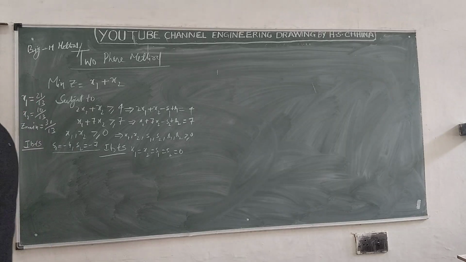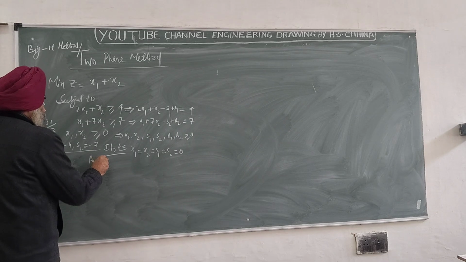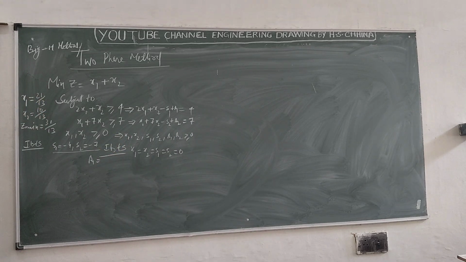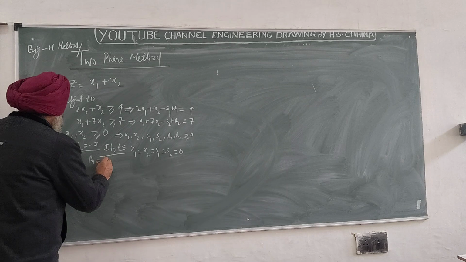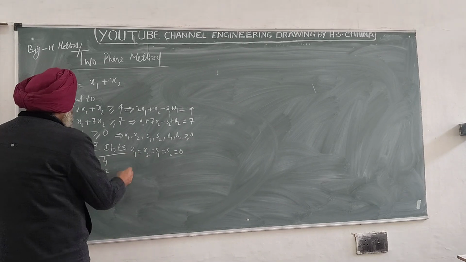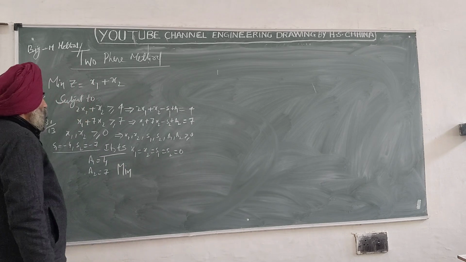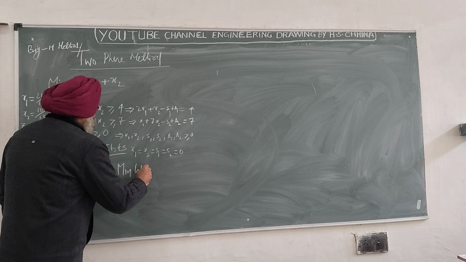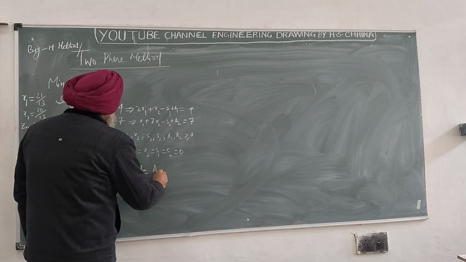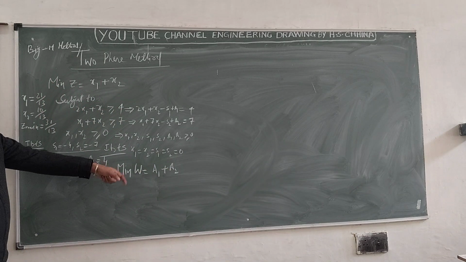What happened here? Look here. We are getting the value of A1 to be 4 and A2 is equal to 7. Now we will introduce a new objective function which will be of minimization type, minimum W. Whatever artificial variables are there, A1, A2, instead of giving the penalty, we will add them like this, A1 plus A2.